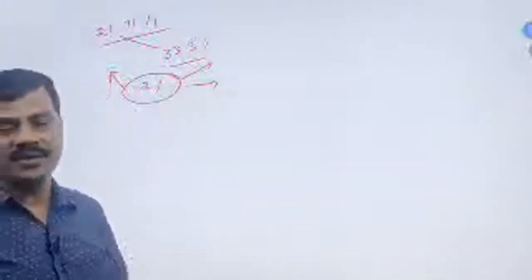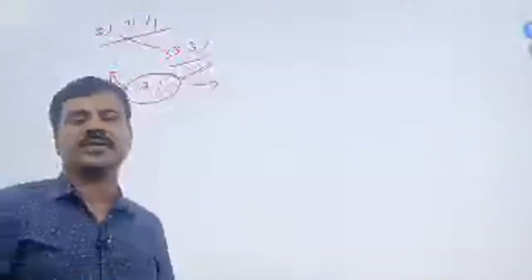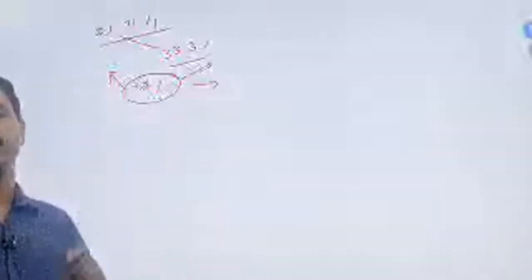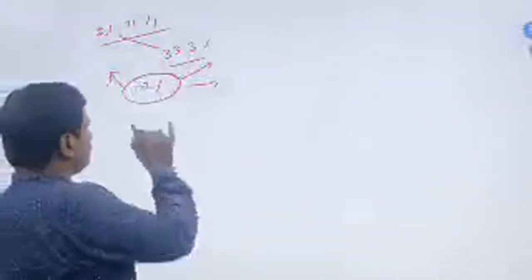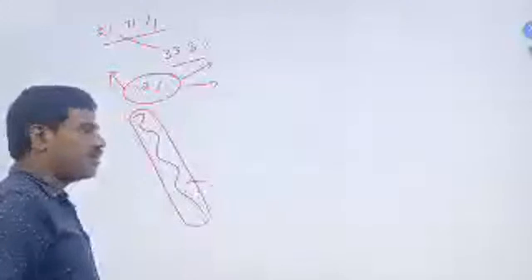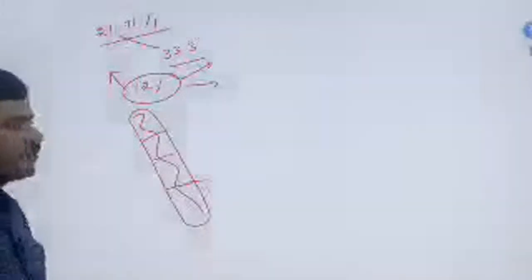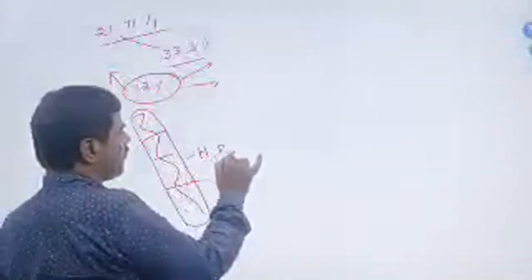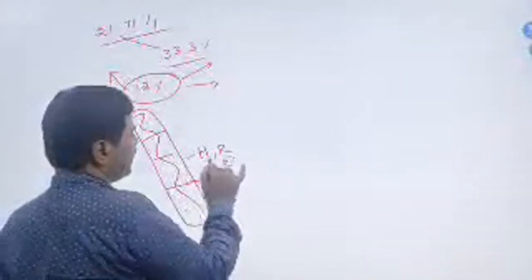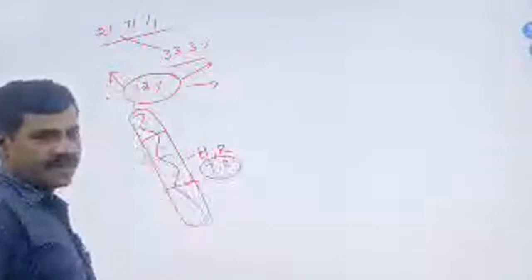The maximum forest area in India is in the Western Ghats. Why? Because the Western Ghats extend across four states: Maharashtra, Goa, Karnataka, and Kerala.